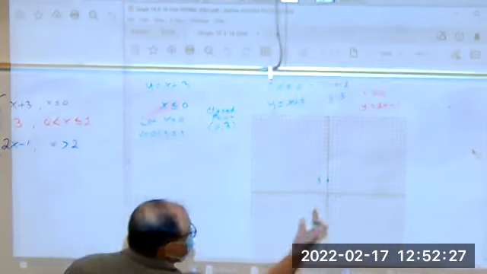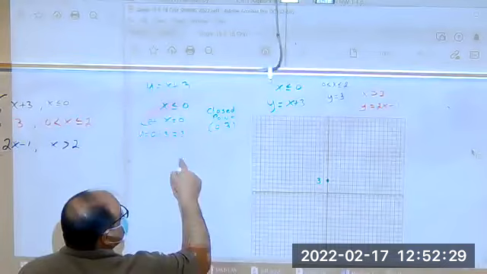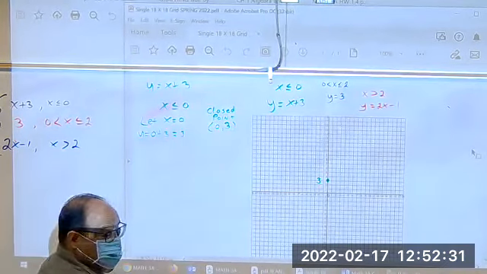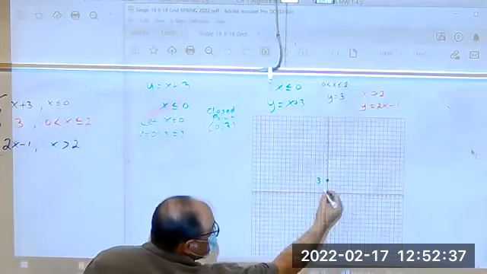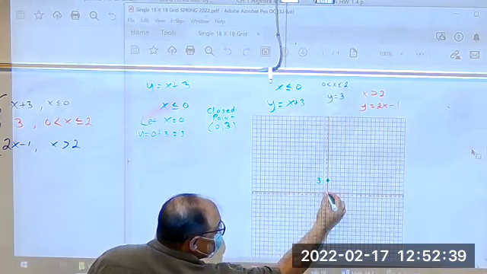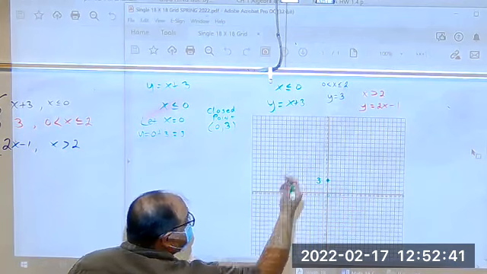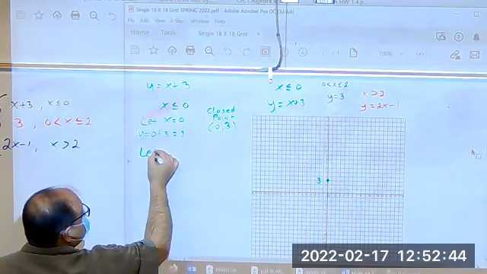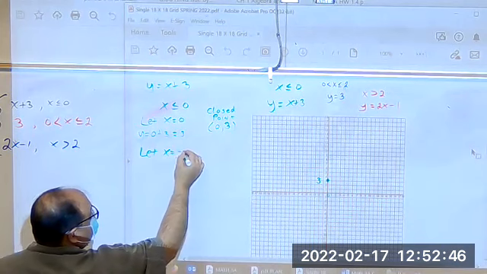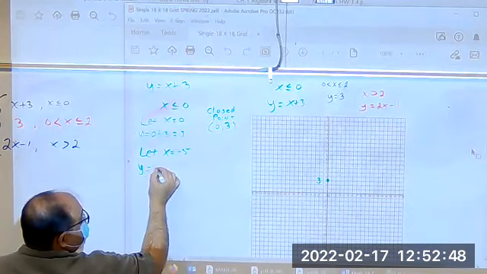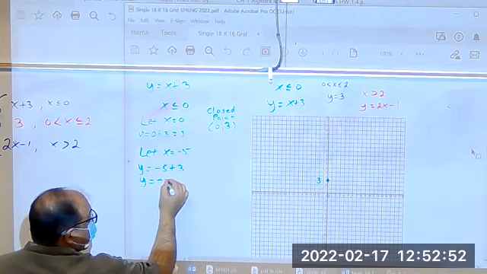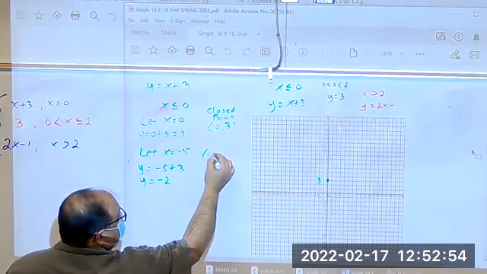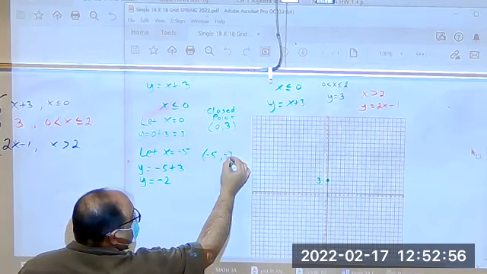So you've got to pick a number on this side of 0, and because it's allowed, you can pick anything you want. I'm going to pick something a little bit further away, because if I just pick -1, it's a little close. I'm going to pick -5. That's my choice. So y is equal to -5 plus 3, so I get -2. So when I pick -5, the y value is -2.